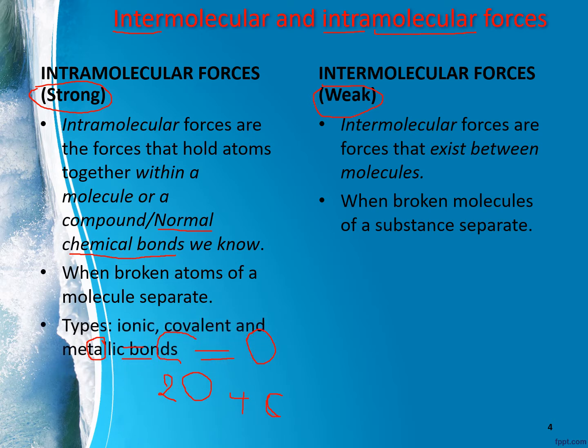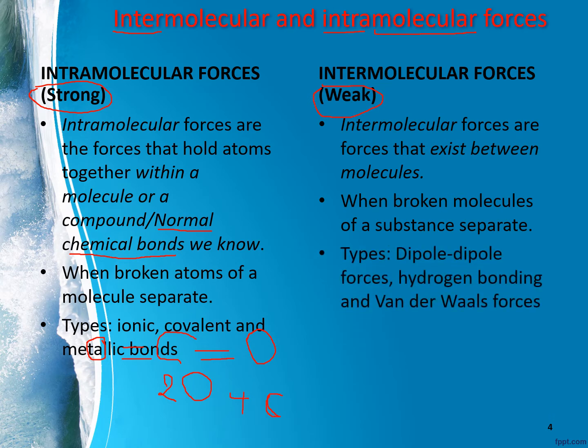The types we have for intramolecular forces, we said that they are ionic, covalent, and metallic bonding, while for intermolecular forces, we have these main types. We have dipole-dipole forces, we have hydrogen bonding, and van der Waals forces, which are also referred to as dispersion forces, London dispersion forces.